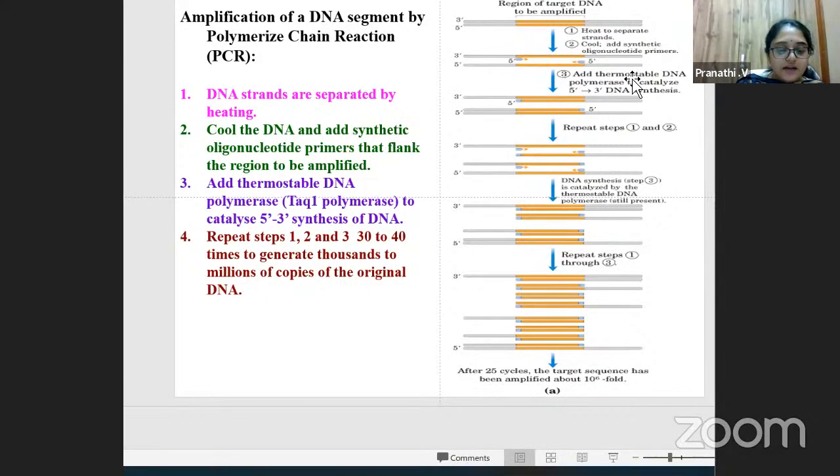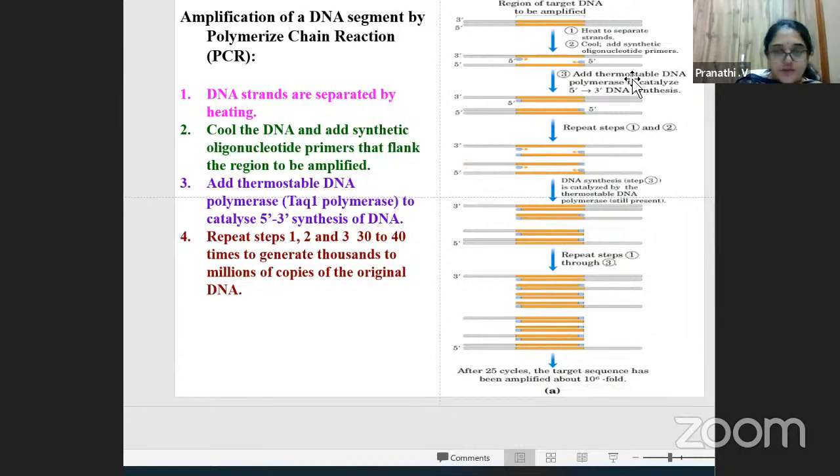Then you have to give the primer sequence, basically from where your PCR reaction should start. That is 3' end, and in the 5' direction it has to go. Then for the amplification and for the amount of DNA that has to be seen, you use the ethidium bromide staining afterwards.